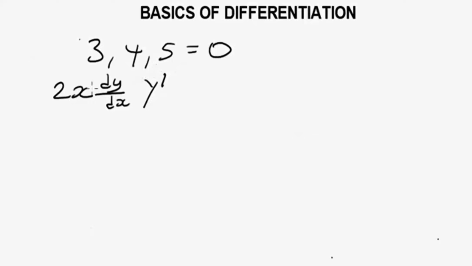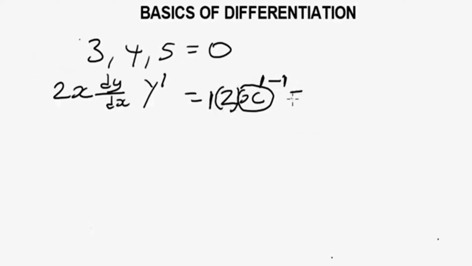Having known that, differentiate 2x. The idea behind differentiation is to reduce the power of x by 1. This x is a variable, and it has a power. The power here is 1, so you reduce it by 1, that's 1 minus 1. At the same time, this power of x comes to the front and multiplies the 2.